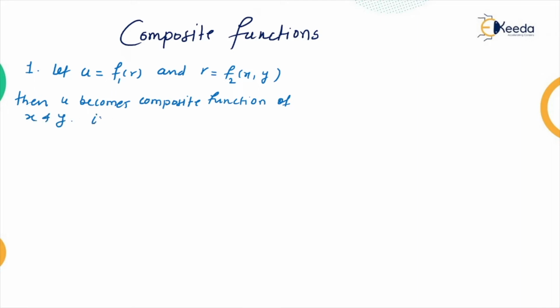So in short, if u is a function of r and r is a function of x comma y, then u is a composite function of x and y. In this case, how do we find the partial derivatives of u? Now u becomes a function of two variables, x and y.